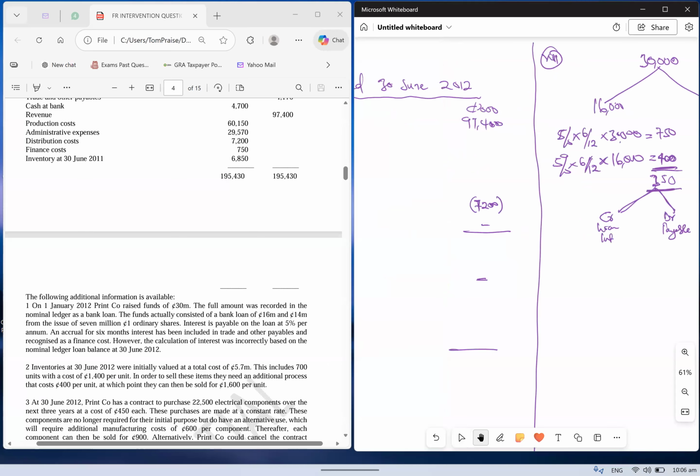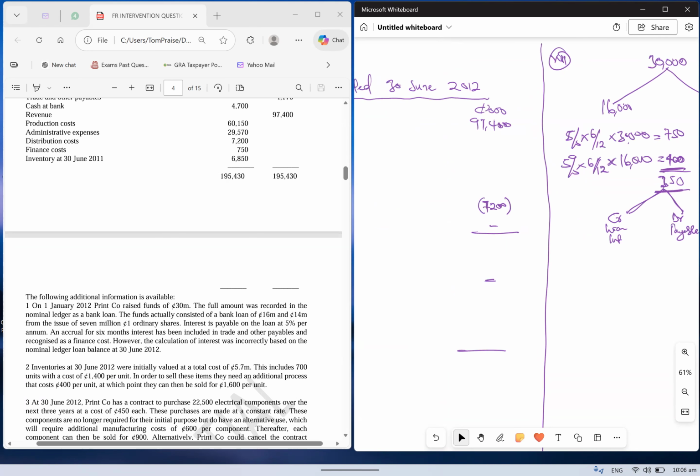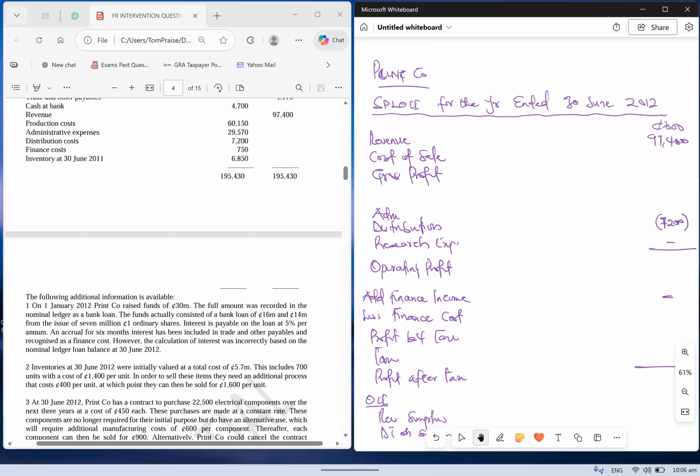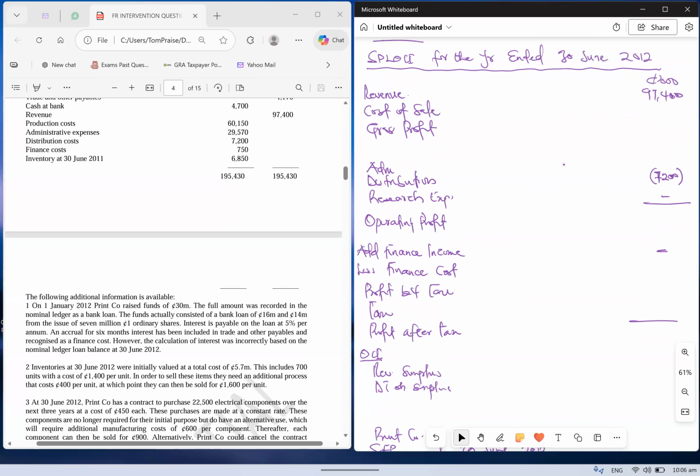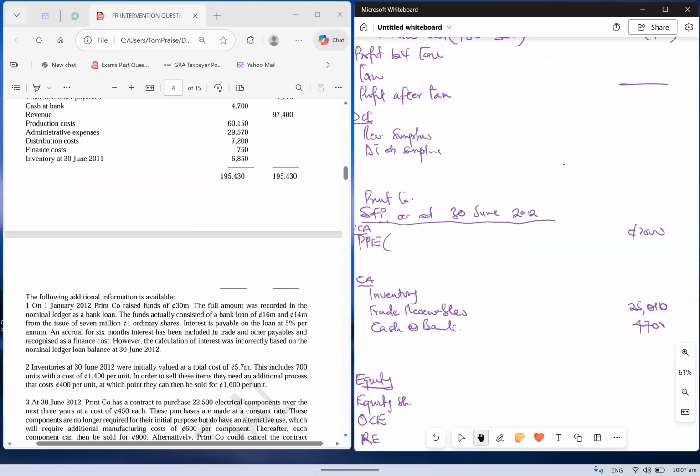So if you pick the finance cost here, 750. Finance cost 750. You are supposed to subtract 350. It will take you to the correct one they were supposed to do, which was 400. So you've done that. Then quickly go to your trade payables too.